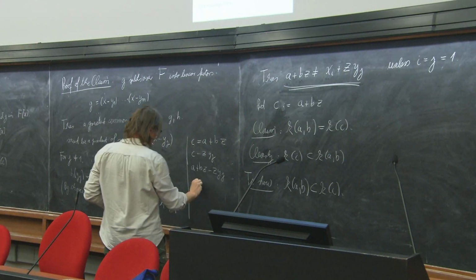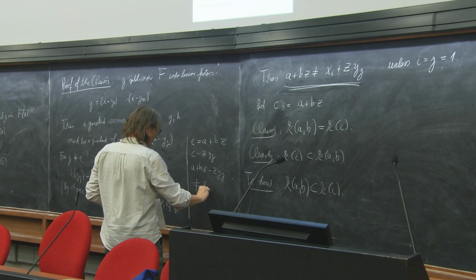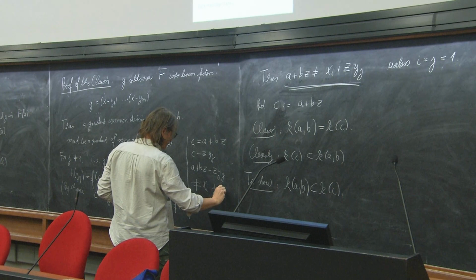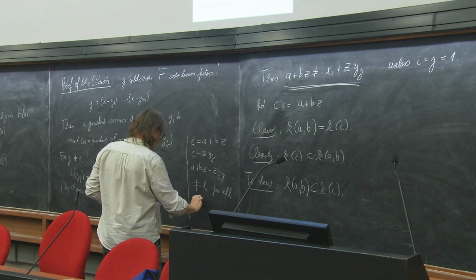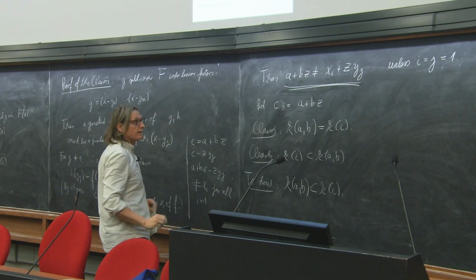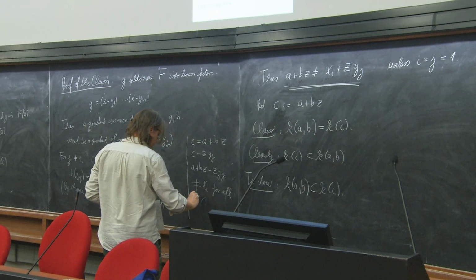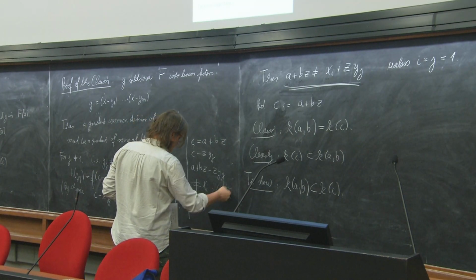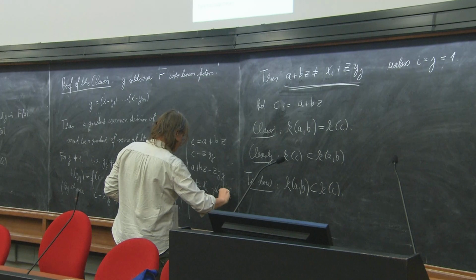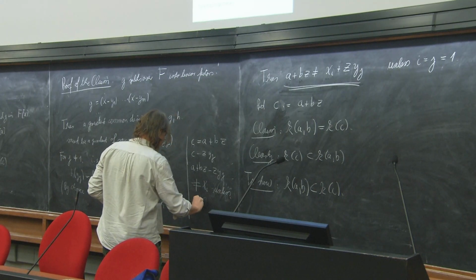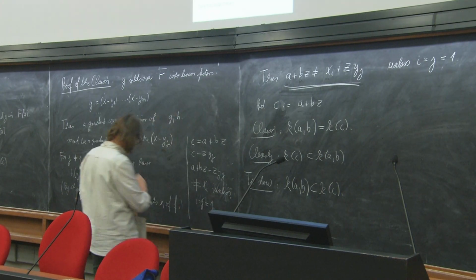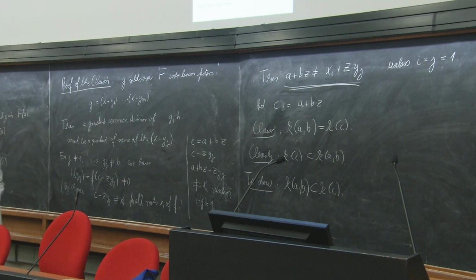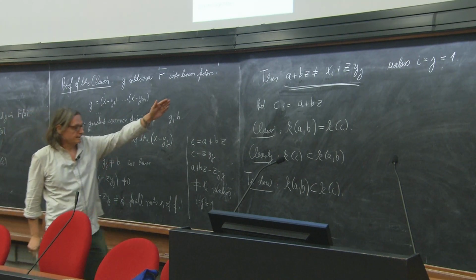And according to this formula, this is different from xi for all i, unless i is equal to j is equal to 1, which is precisely what we have here. So this is precisely written here.